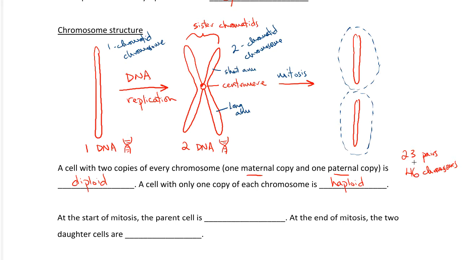So 46 is the diploid number for chromosomes. That's written like this: 2n, n representing one complete set of chromosomes, 2n is equal to 46. And n is equal to 23 would represent the haploid state for a sperm or an egg cell. We'll talk about that in more detail when we get to meiosis. So again, a cell with 2 copies of every chromosome, 1 maternal and 1 paternal copy, is called diploid, and a cell with only 1 copy is called haploid.